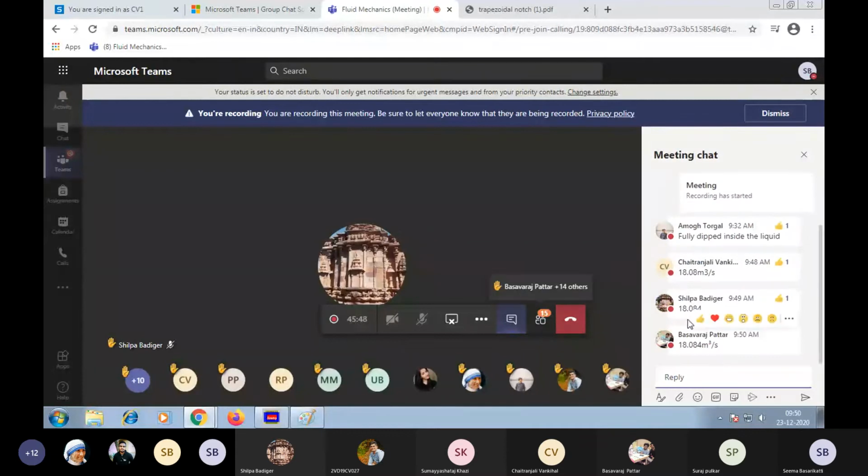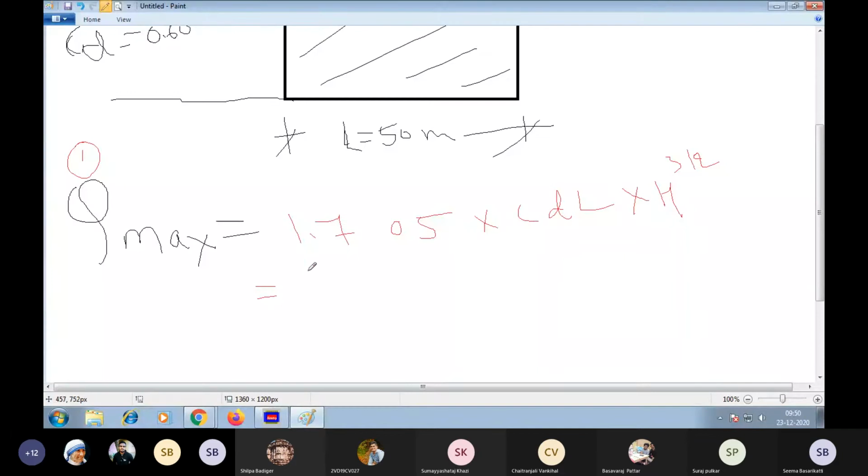The answer is 18.08 meter cube per second.